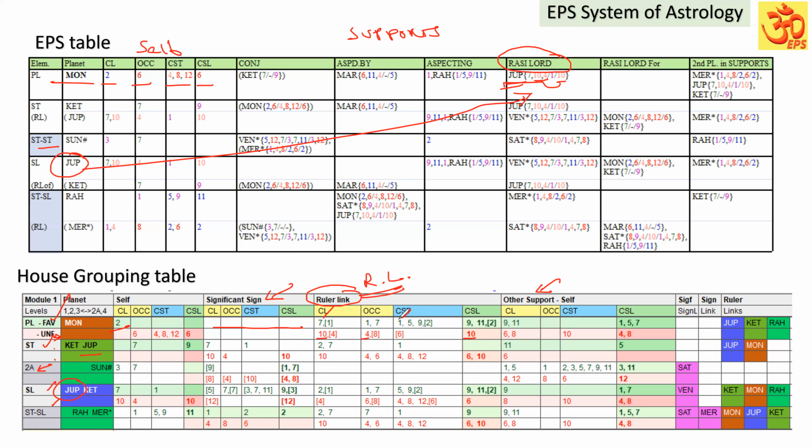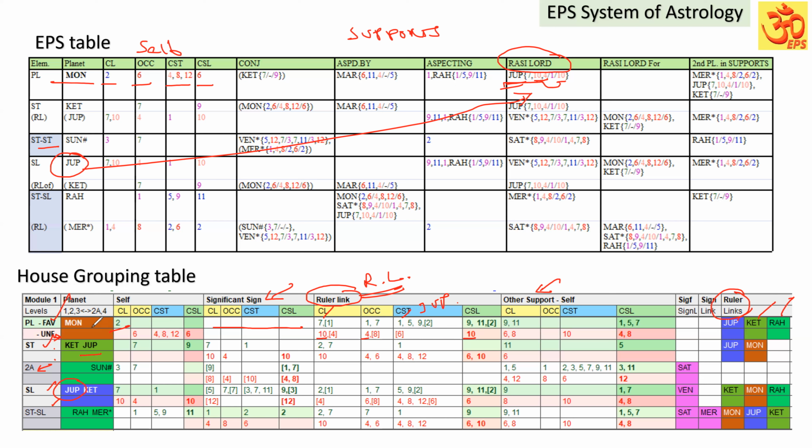These houses are signified by Jupiter. Then what are the other houses? You can see here ruler's link. You can see which planets are forming ruler link to the Moon: Jupiter, Ketu and Rahu. These planets' houses are combinedly shown under the CL, OCC, CST and CSL. I think you're able to understand.